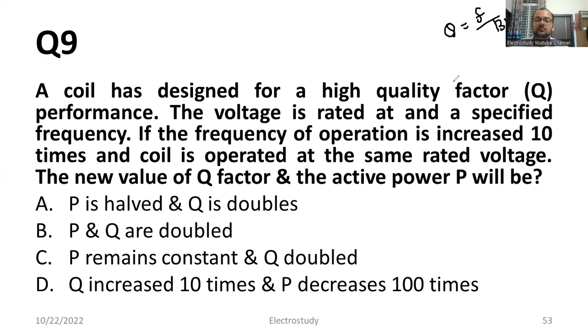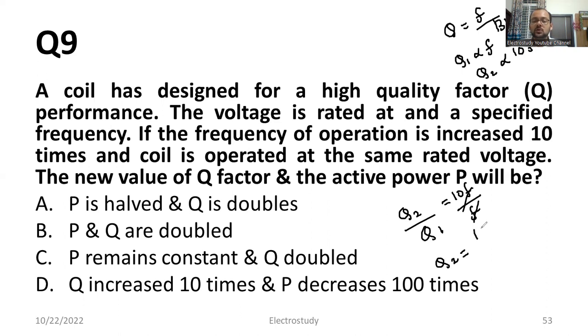In the first case, quality factor is directly proportional to the frequency. In the second case, it is directly proportional to 10 times the frequency. Taking the ratio, Q2 by Q1 is equal to 10F upon F. F and F get cancelled, so the new quality factor is equal to 10 into Q1.